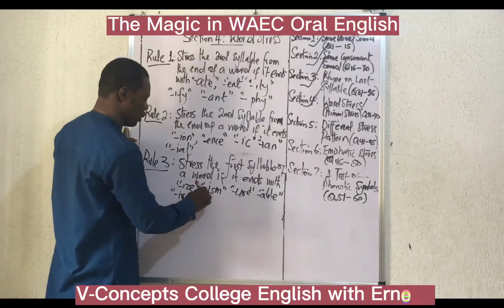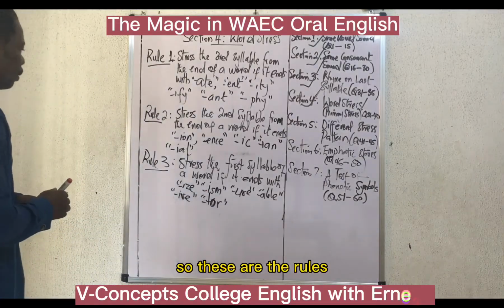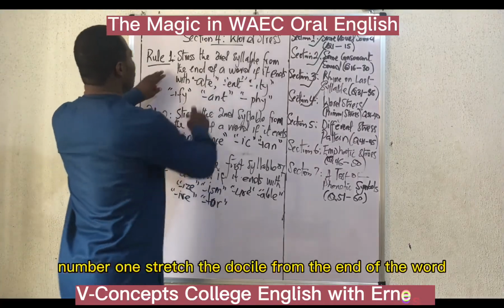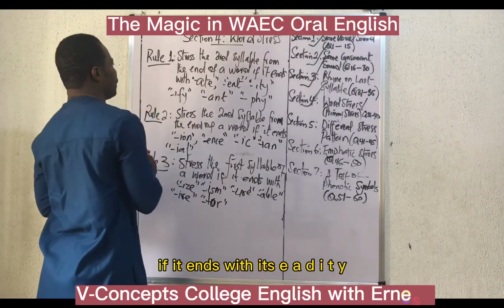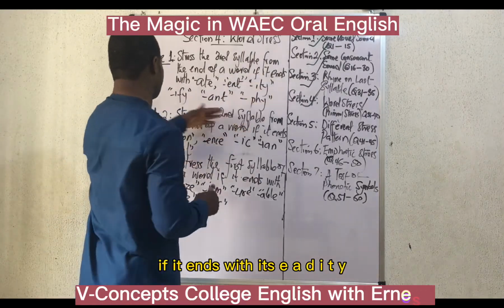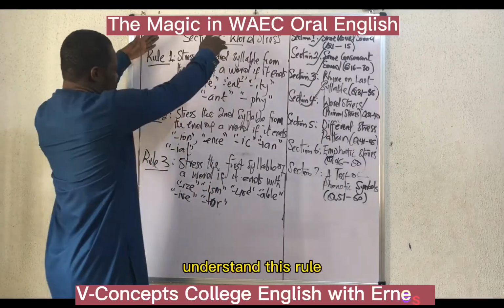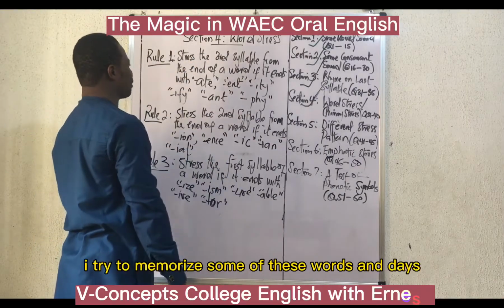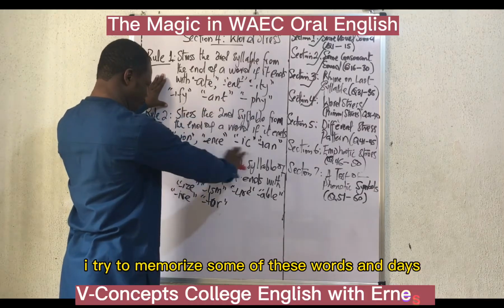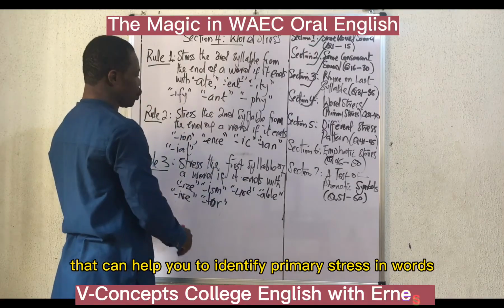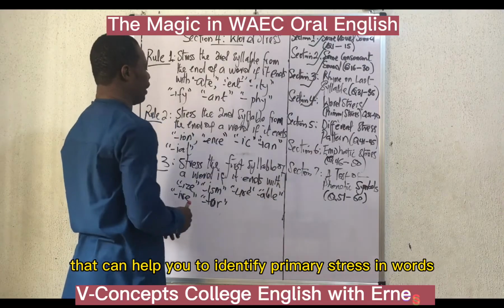So these are the rules. Number one, stress the third syllable from the end of a word if it ends with ate, ent, ity. So you just try to memorize these codes. Understand this rule. Try to memorize some of these word endings that can help you to identify primary stress in words.